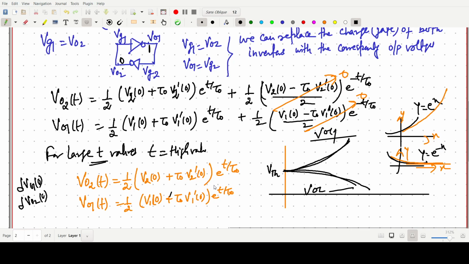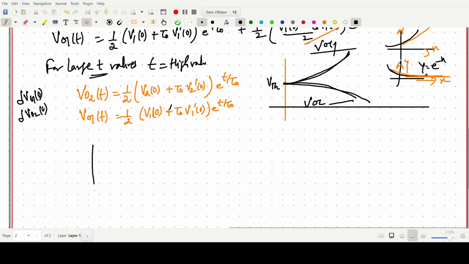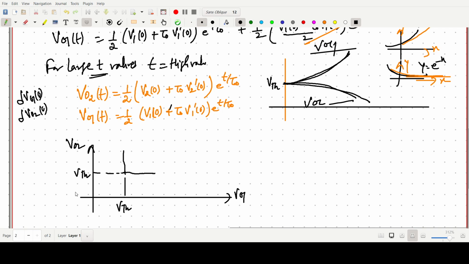In the phase representation, with V naught 2 and V naught 1 as axes, this point is the unstable point.